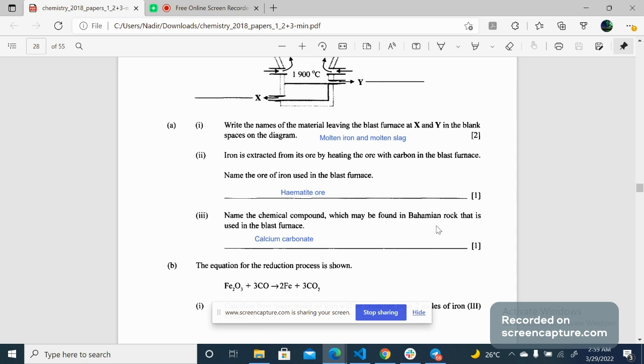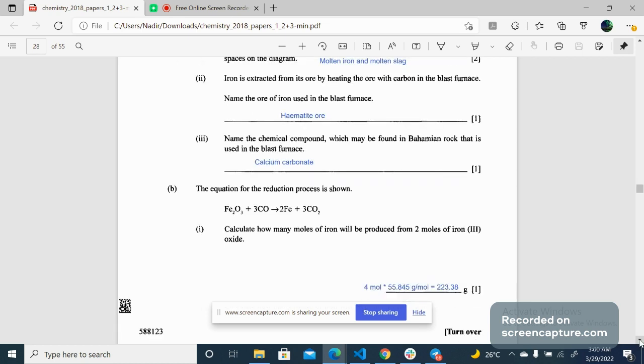It asks us to name the chemical compound found in that rock that is also used in the blast furnace. And this is calcium carbonate, CaCO3: calcium, carbon, and oxygen combined to make this compound, calcium carbonate.